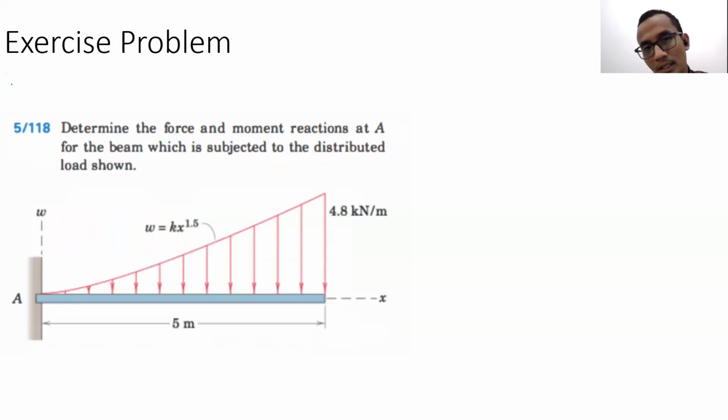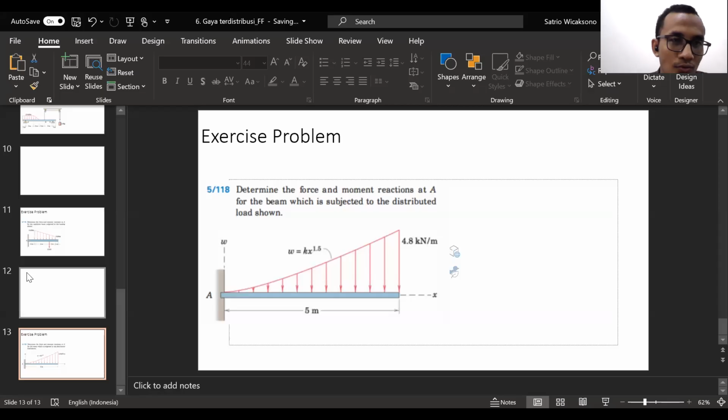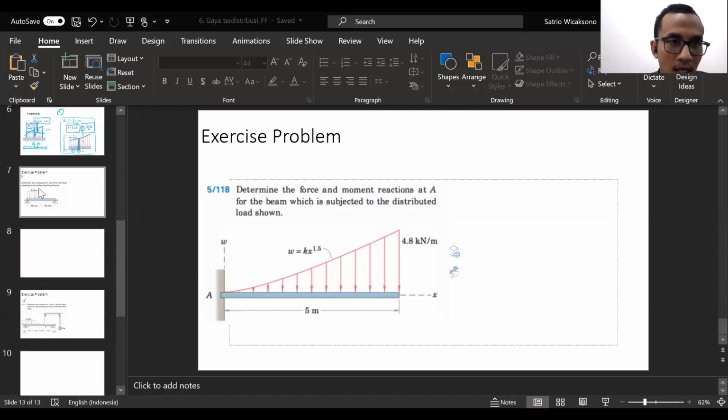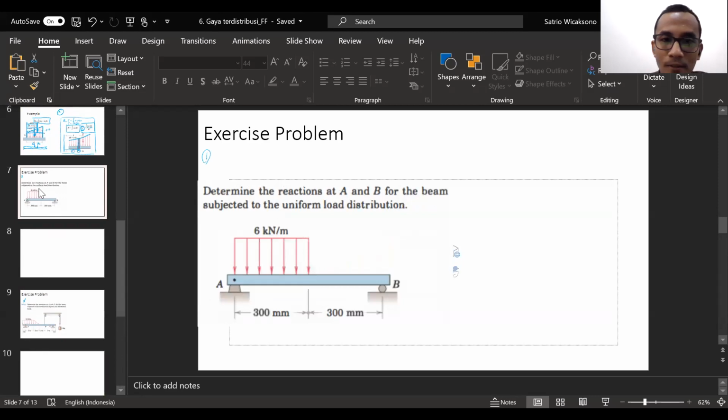And this one, when we have a certain distribution which is not triangle or rectangle. Those three exercises, I think we will try to do today.